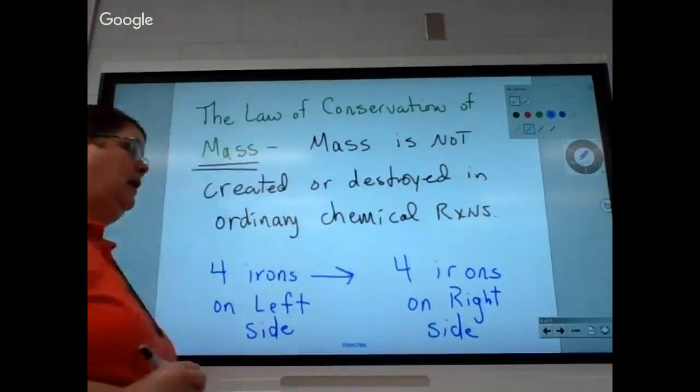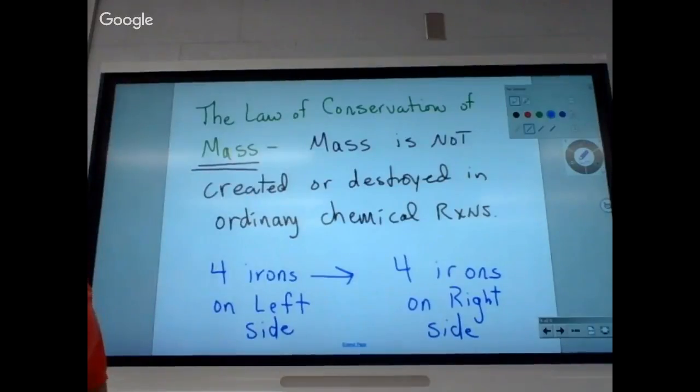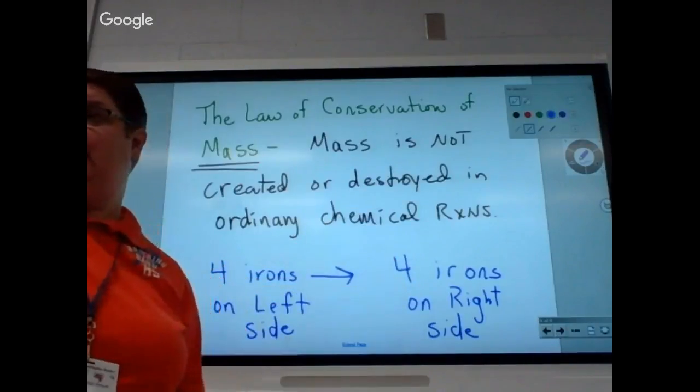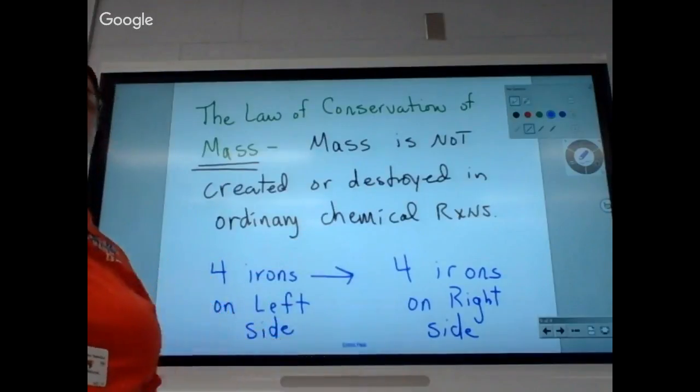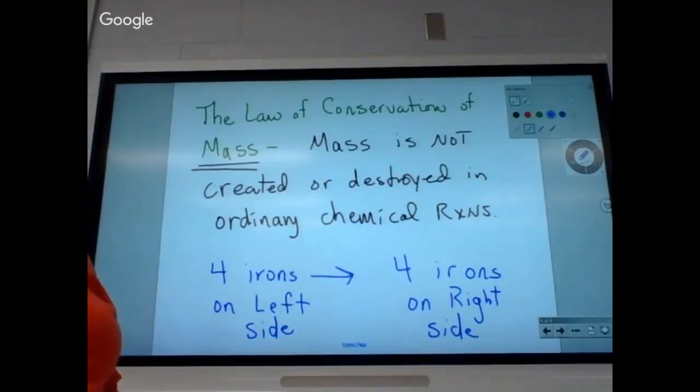Now, it doesn't really matter how we go about getting that, but if there are 4 irons on the left, we got to have 4 irons on the right. If there are 2 oxygens on the left, there have to be 2 oxygens on the right. All right? That's the concept behind balancing. And we have to make sure we adhere to that all the way through the unit.